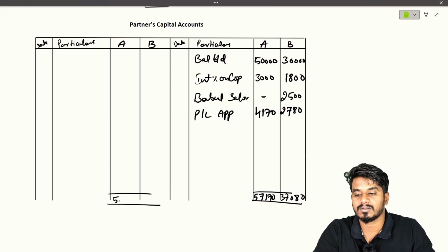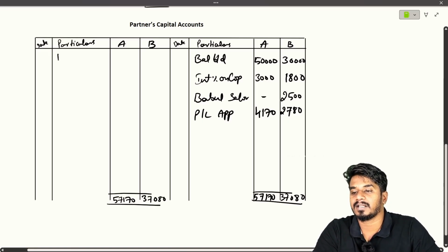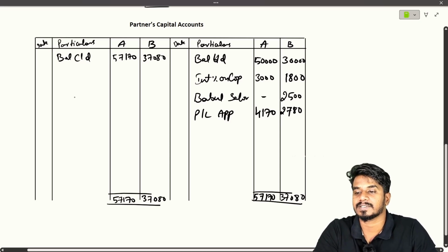Same balance, right? There is nothing to minus on the debit side, so directly you can write balance carried down: 57,170 rupees and 37,080 rupees.